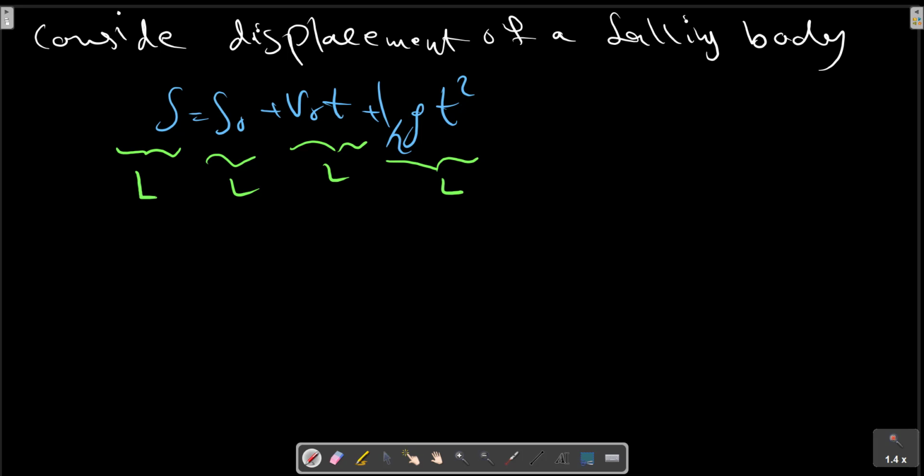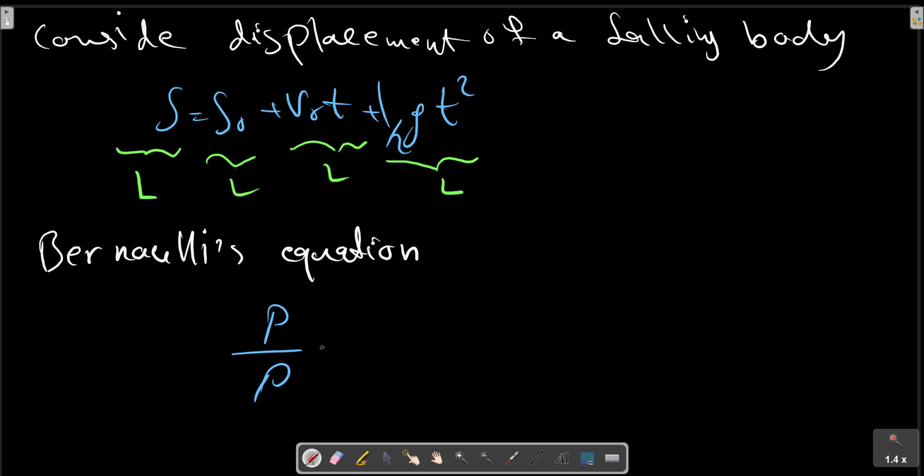Consider the Bernoulli equation for incompressible flow, plus gz equals constant.